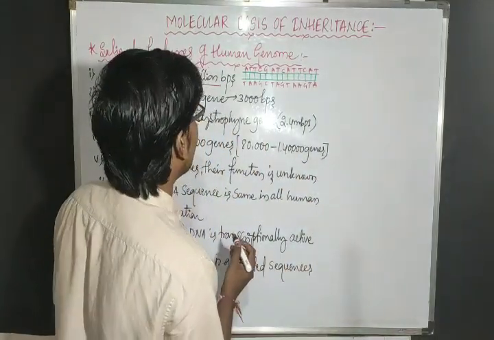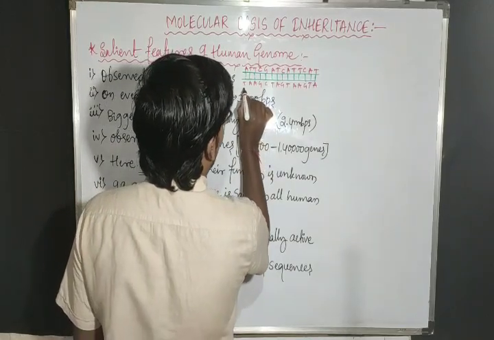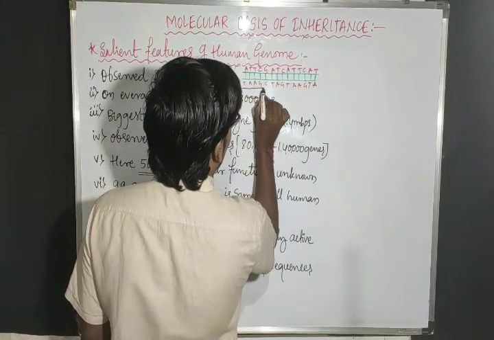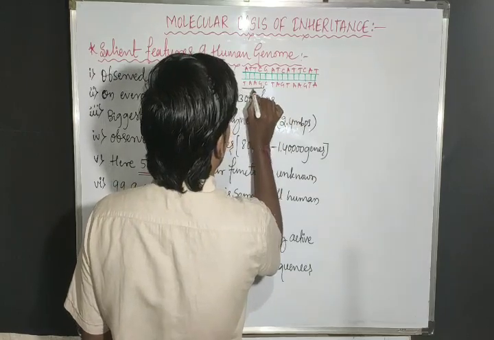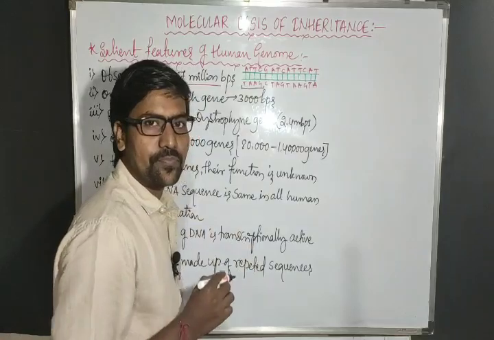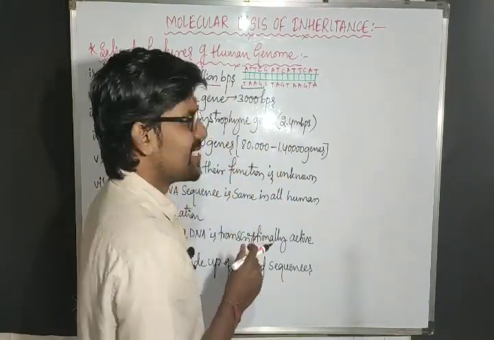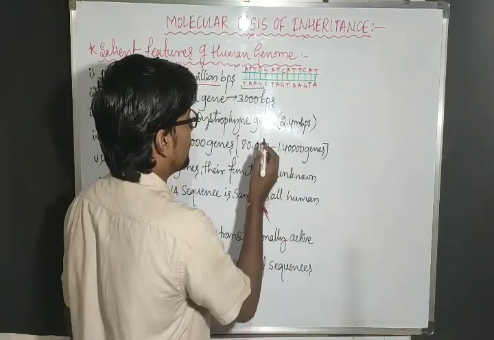In this DNA, let us imagine TAAG, TAAG, 4 bases, TAAG. I am just giving an example right now.